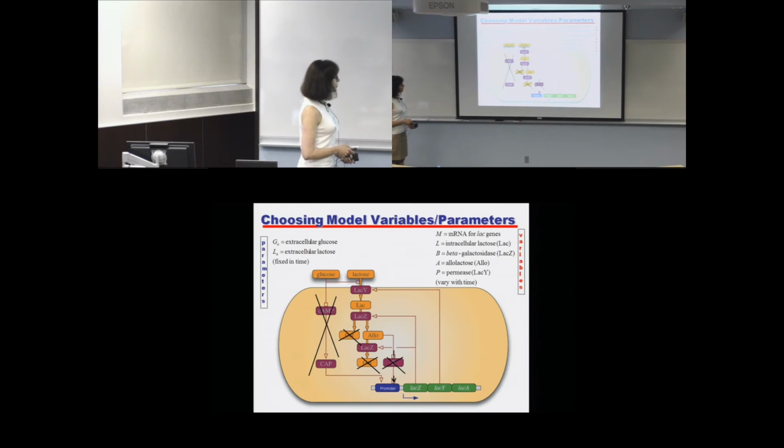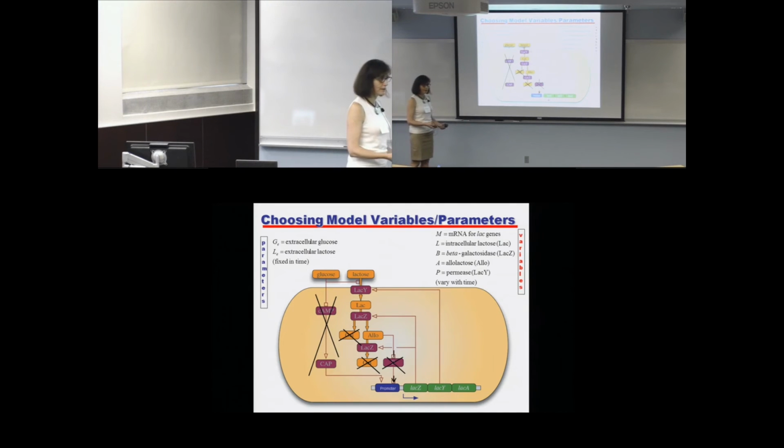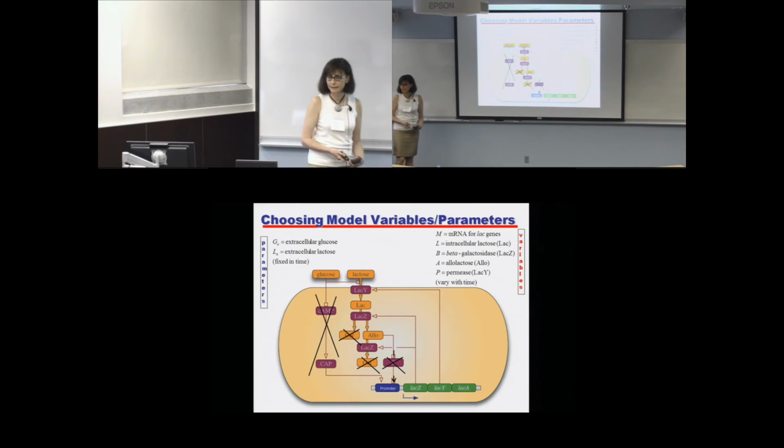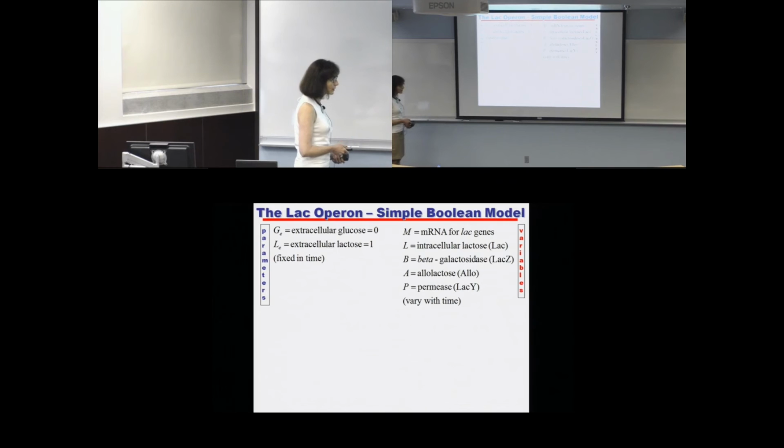Those will change their values over the course of time that we investigate. Within the lifespan of E. coli, it's very unlikely that the environment will change so much that we will go between different levels of glucose and lactose. We can just assume there's going to be so much glucose or so much lactose when it's present.